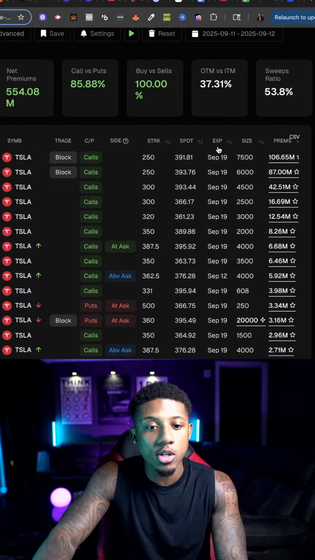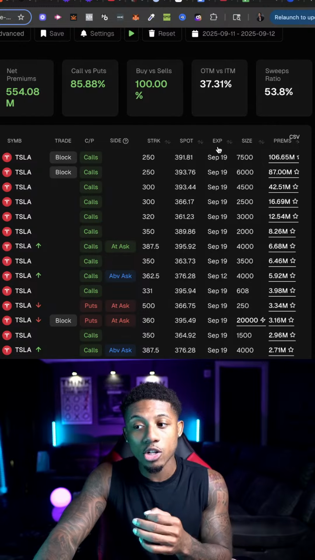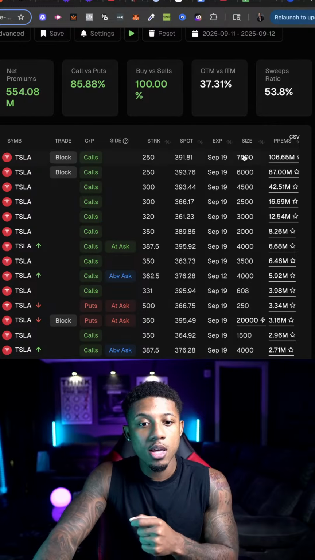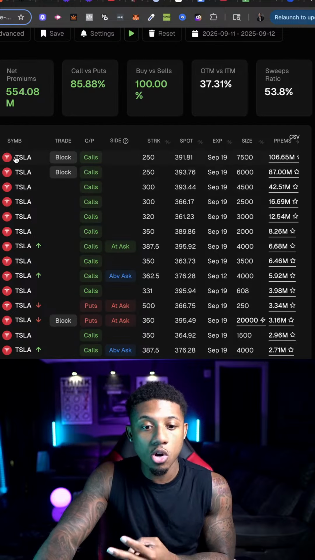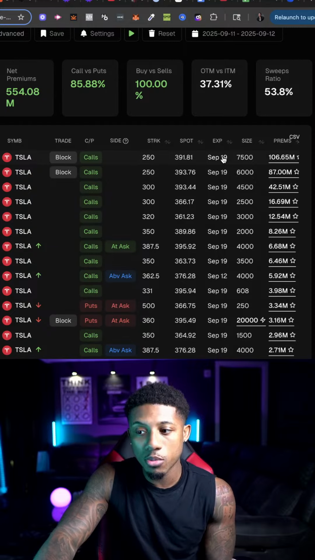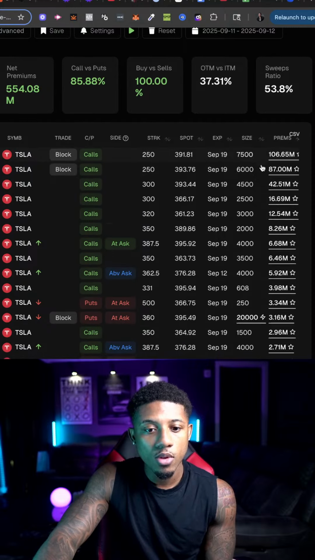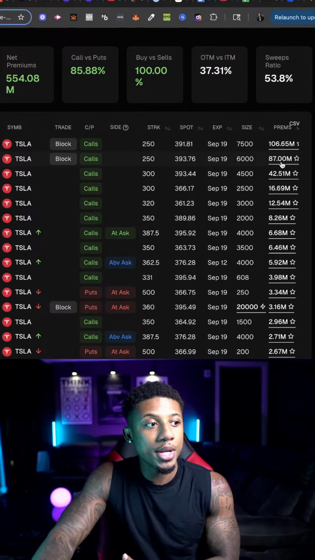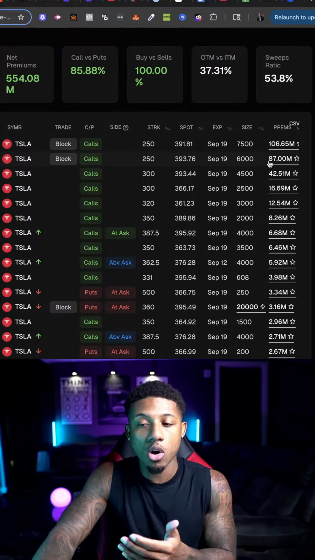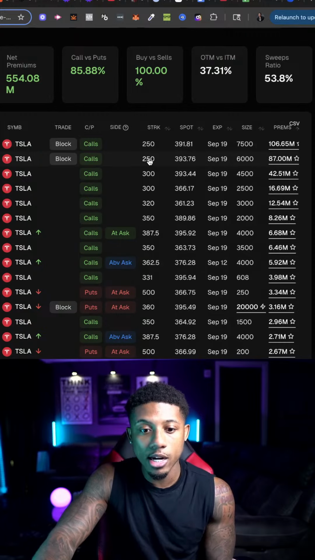And look at the expiration date. These are the exact contracts that they bought, right? They put $106 million on Tesla calls. These are Tesla 250 calls for September 19th. Then you have another whale coming in, putting $87 million in Tesla calls. Same exact strike price.